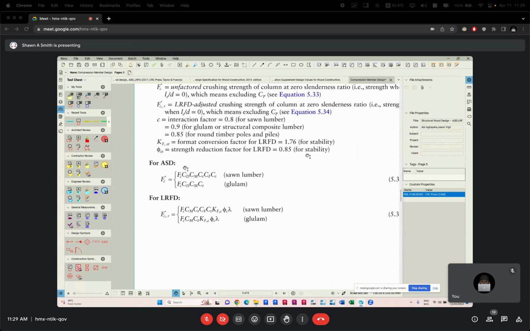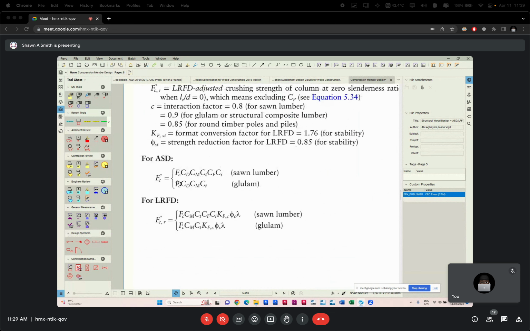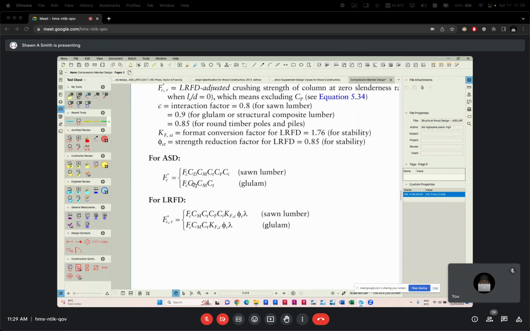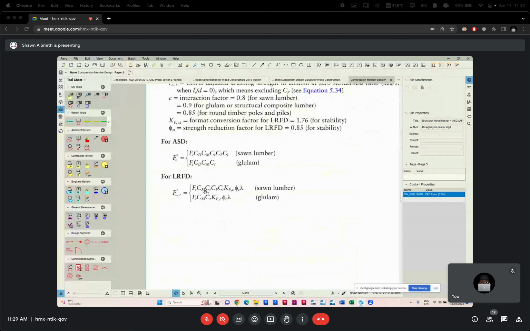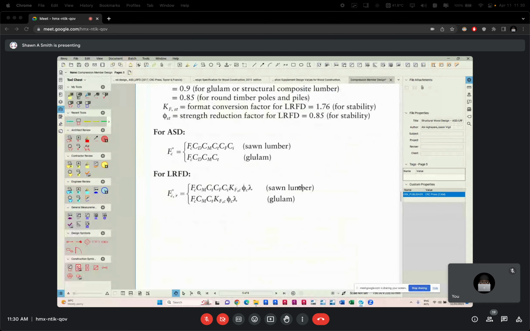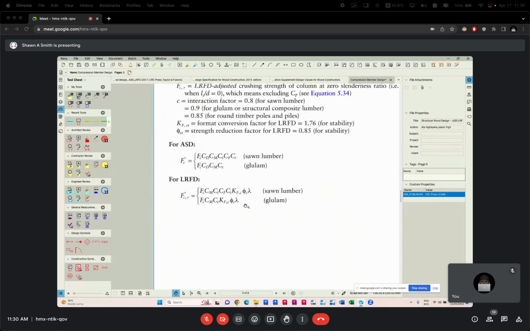And ultimately, these are the compression stress checks. For sawn lumber on the ASD, it's given as this. For glulam, it's given as this. For LRFD, sawn lumber is given as this. And for glued laminated, it is given as this.